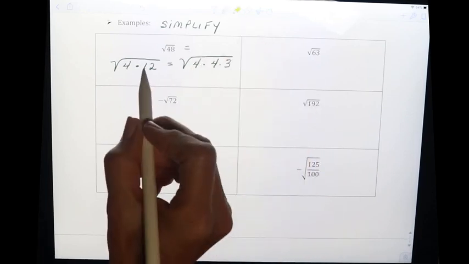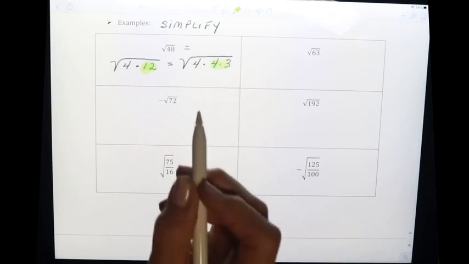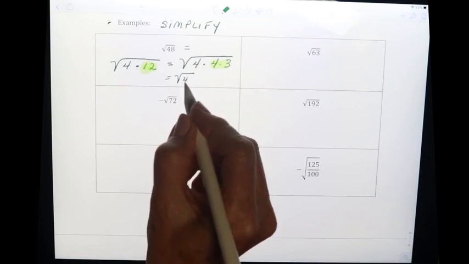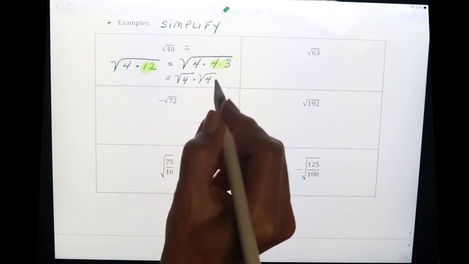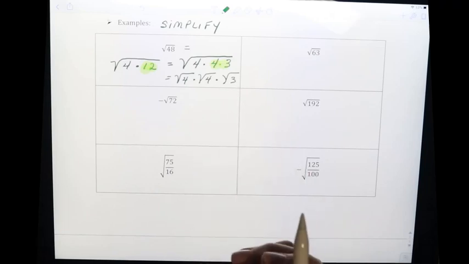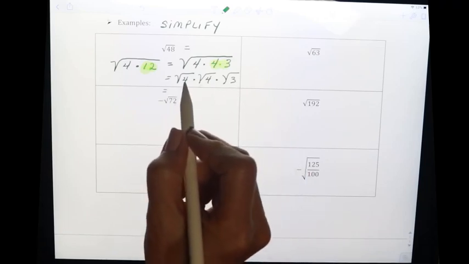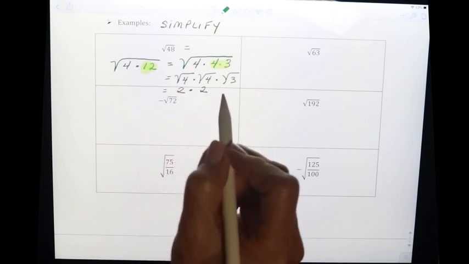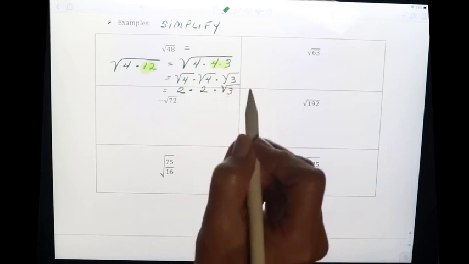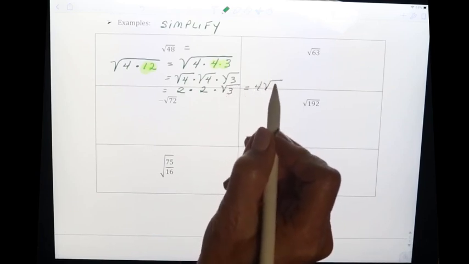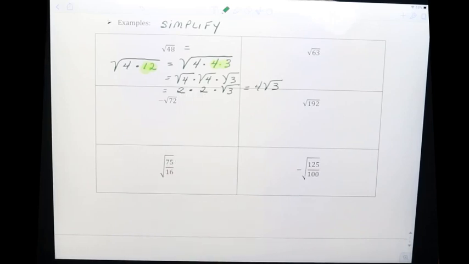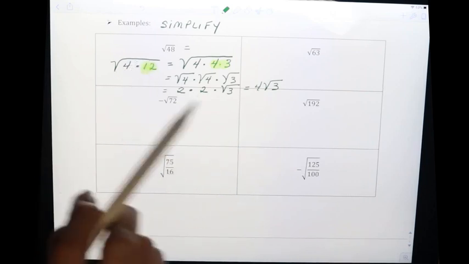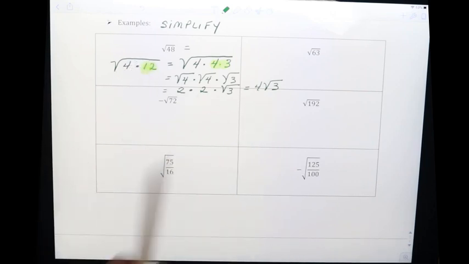So if I follow my rules, splitting this up now into 3 radicals, the square root of 4 is 2. Here's a times multiplier. The square root of 4 is 2. Here's a times multiplier. And of course, the 3 stays under the radical. So multiply these 2's together and come up with a simplified form, 4 square root of 3. Notice I started in radical form and I'm ending in radical form.